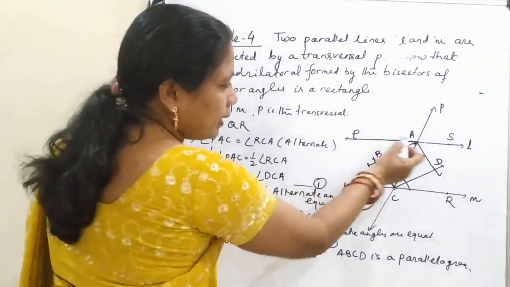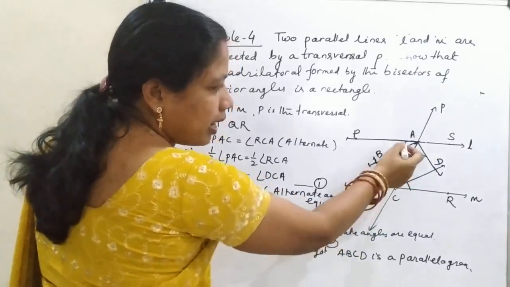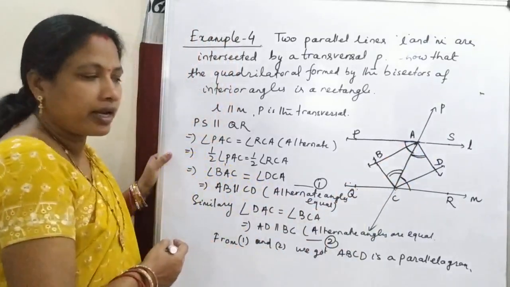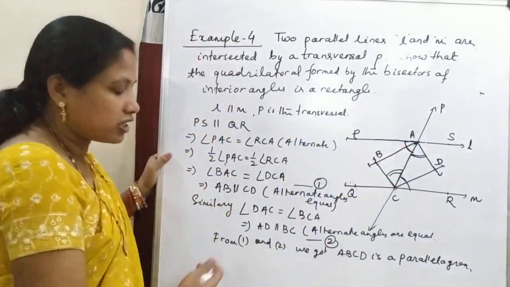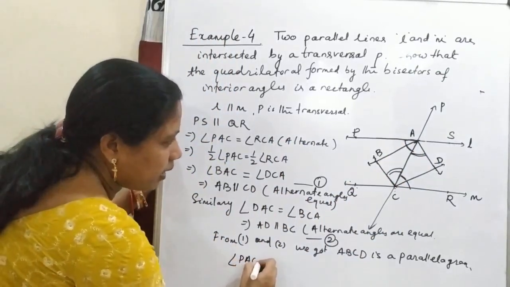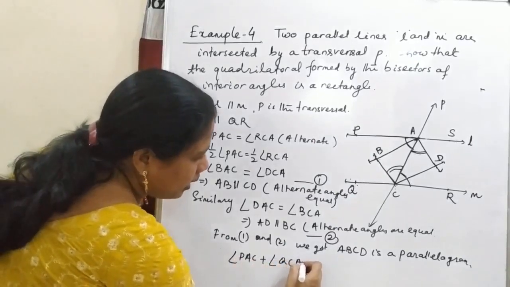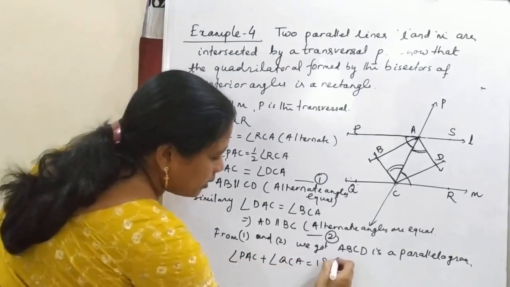Angle PAC and angle ACQ are the two interior angles on the same side of the transversal. So angle PAC plus angle QCA is equal to 180 degrees.